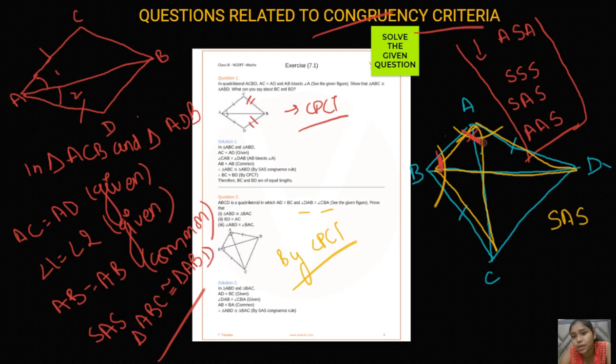Since we have proved the triangles congruent, by CPCT we can say that in triangle ADB, angle B is equal to angle A in triangle BAC. So by CPCT we have proved the other parts of this particular question.